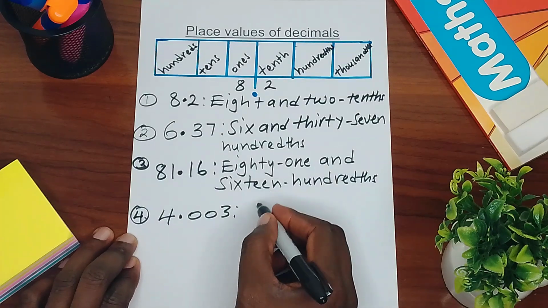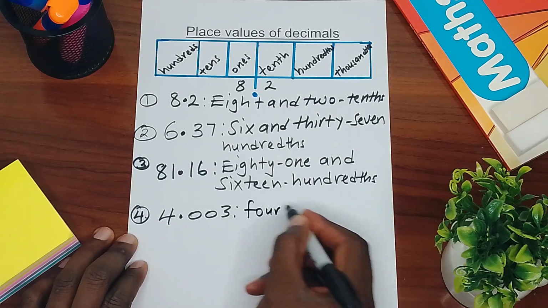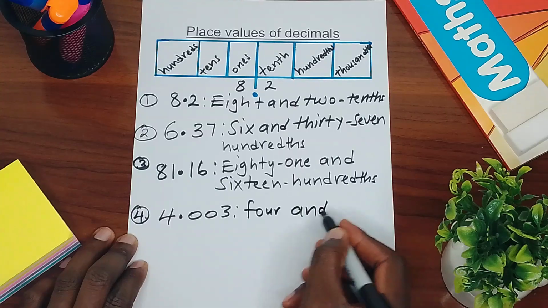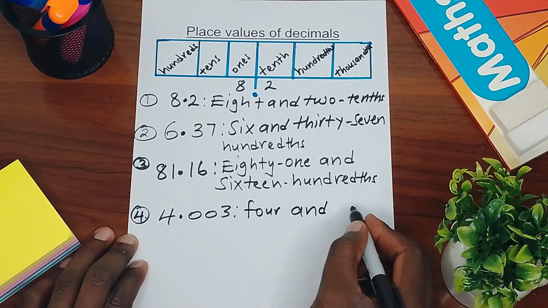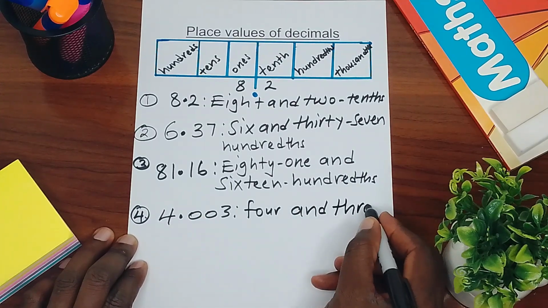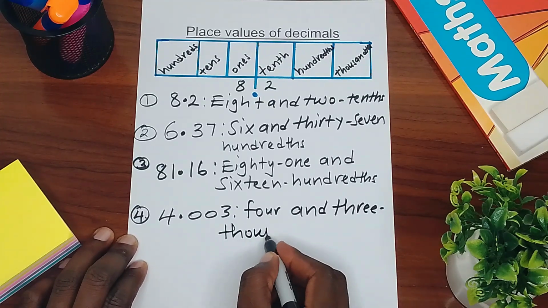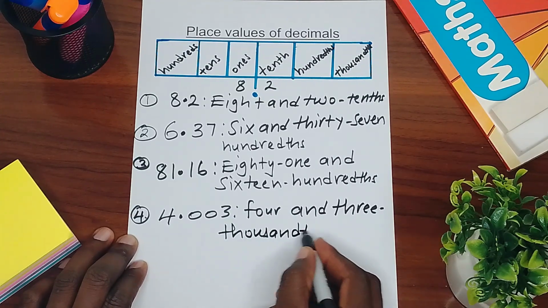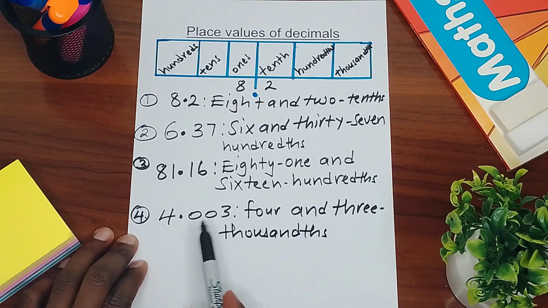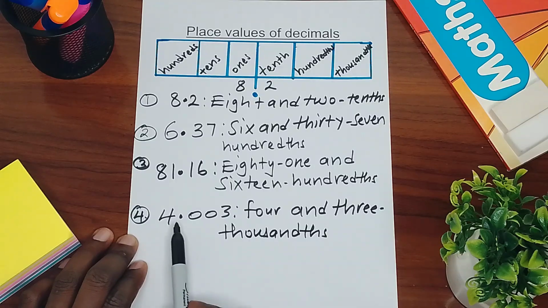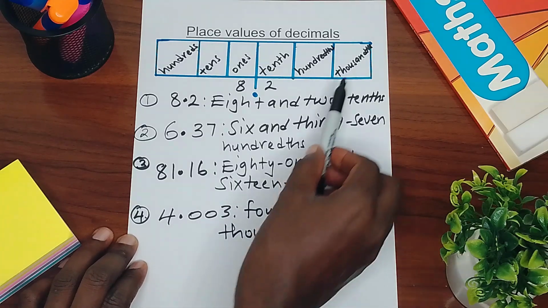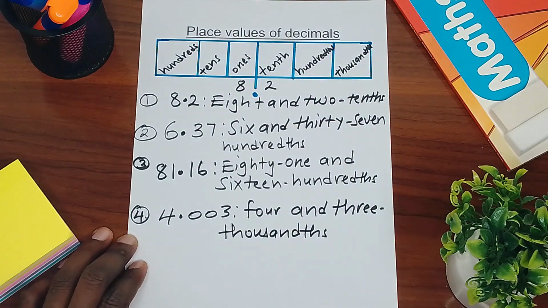So we write this as 4, and because of the decimal point, and 3 thousandths. Now you can see that here we don't write 4 and 003 thousandths. No, we just write 4 and 3 thousandths, because 3 is now in the thousandths place.